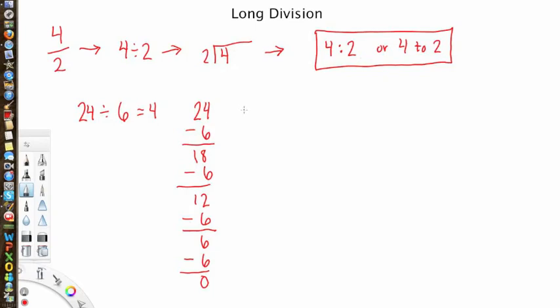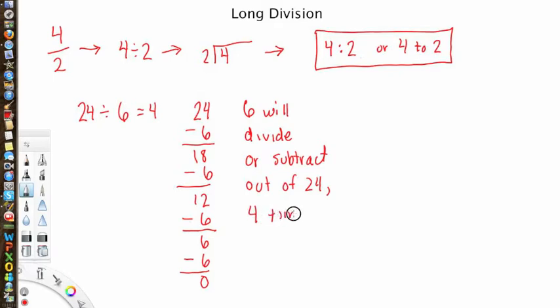So in other words, I can divide, or subtract, 6 out of 24, 4 times.